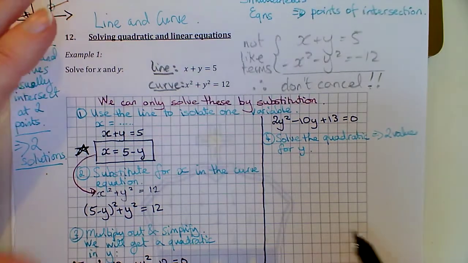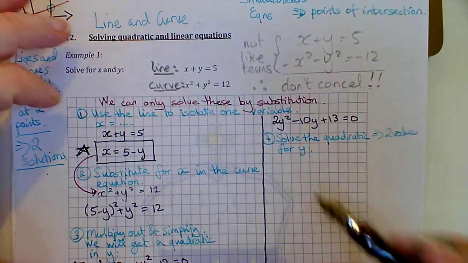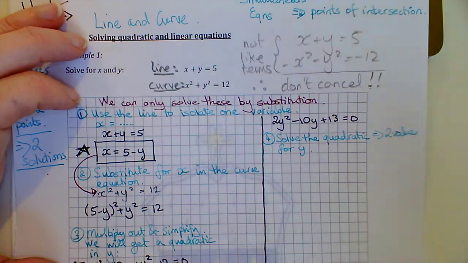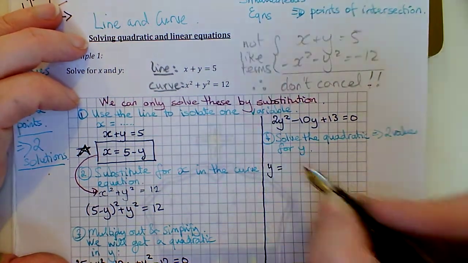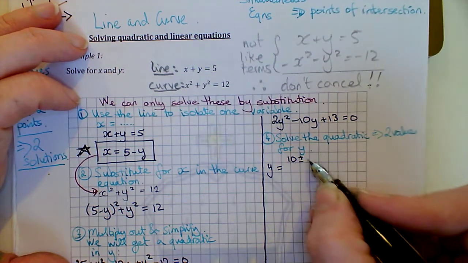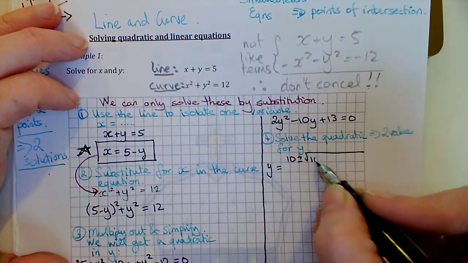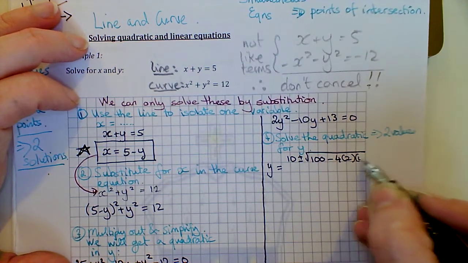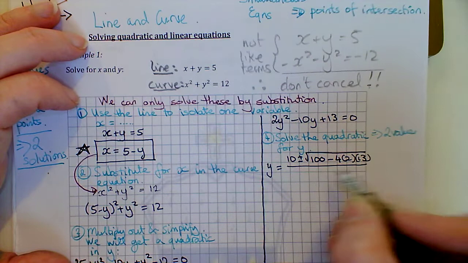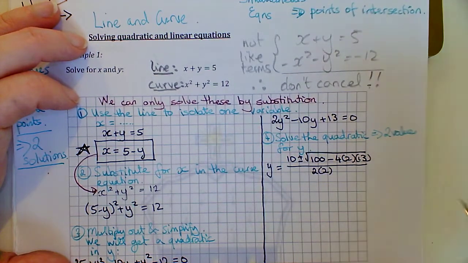I'm fairly sure this will solve by factorizing as well. So I've got y is equal to minus b plus or minus the square root of b squared, I'm just squaring it, 100, minus 4 by 2 by 13, 4ac, all over 2a.